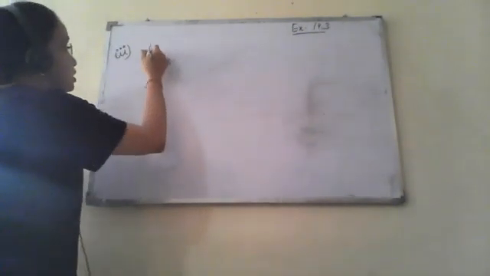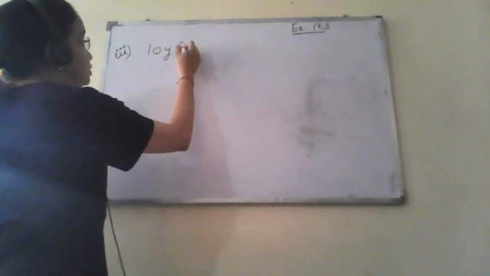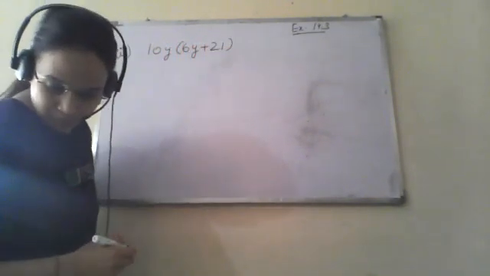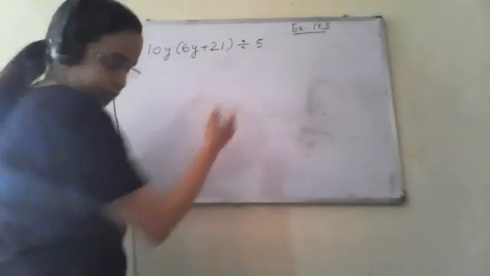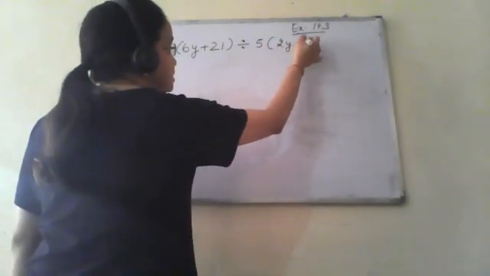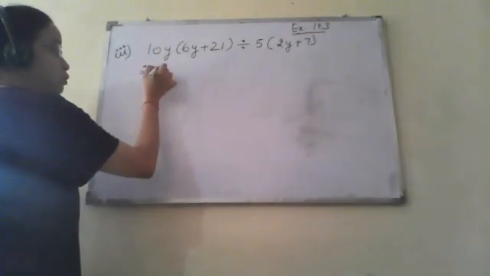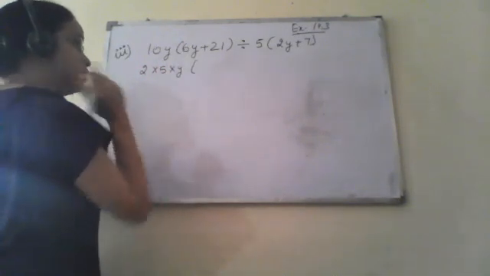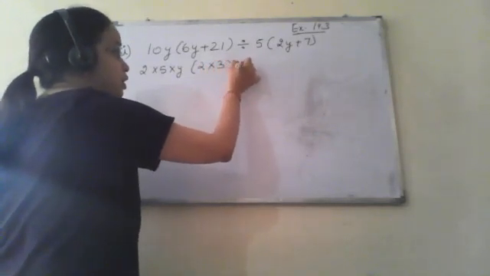Now the next part is 10y into 6y plus 21, divided by 5 into 2y plus 7. Now this 10 can be written as 2 into 5 into y and the 6y is 2 into 3 into y.